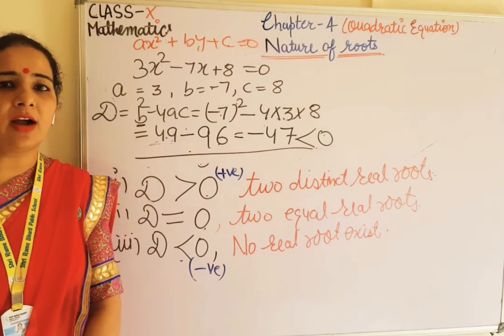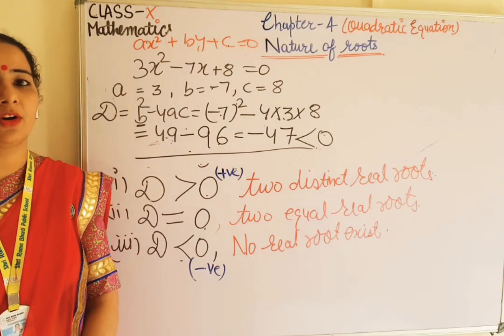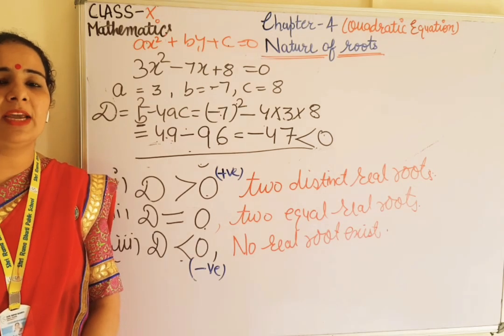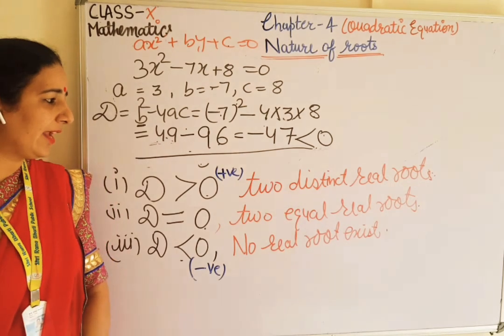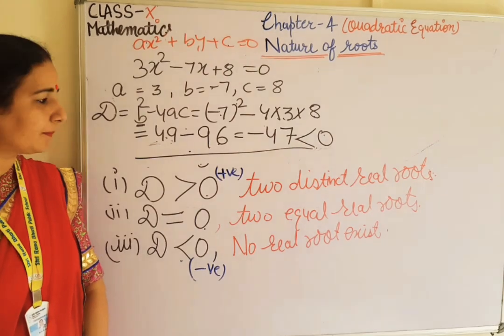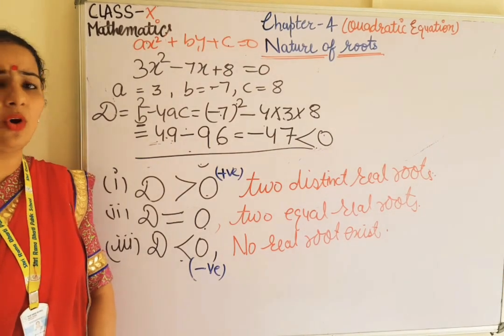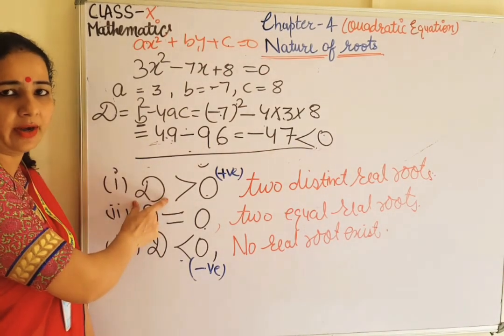So we will use the quadratic formula in questions in which the roots are irrational numbers, or they can be fractional numbers also. The quadratic formula will help us solve them.